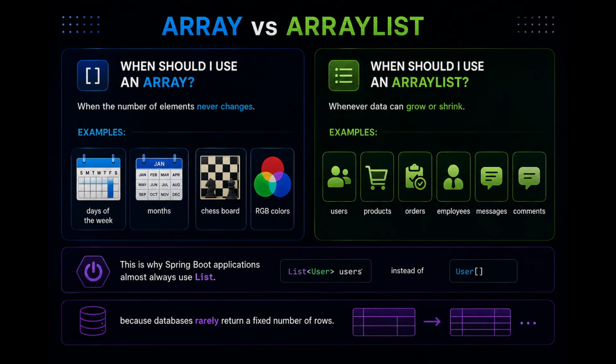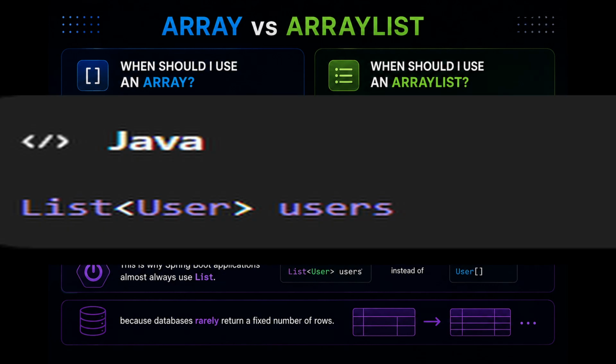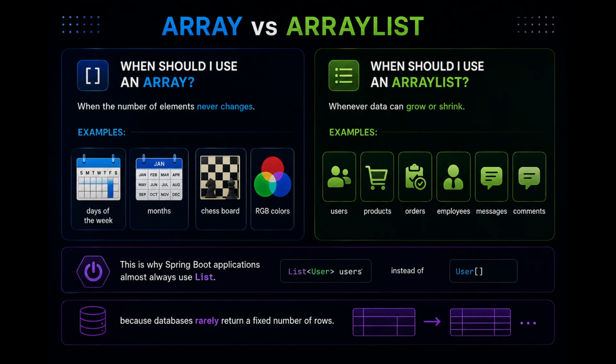For example, in the first situation, days of the week, months, chessboard, and in the second situation with array list, users, products, orders, employees, messages, comments, etc. This is why Spring Boot applications almost always use a list. For example, like here on the screen, list users instead of array users, because databases really don't return a fixed number of rows.